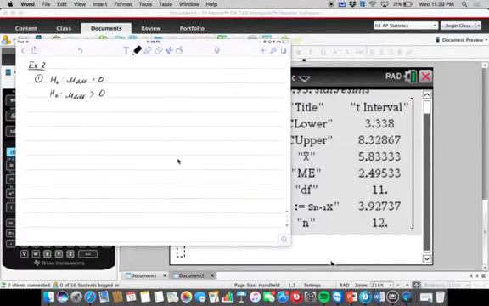We also have to define what mu difference is. For this case it's the true mean difference, and I want the difference between the placebo and the caffeine.